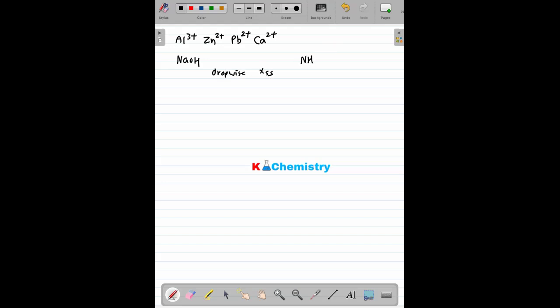And we can also put the ammonia solution first dropwise, and then in excess later. Every one of them produces a white precipitate, but in different ways with these two reagents. So we have to compare the calcium, the aluminum, and the zinc together.